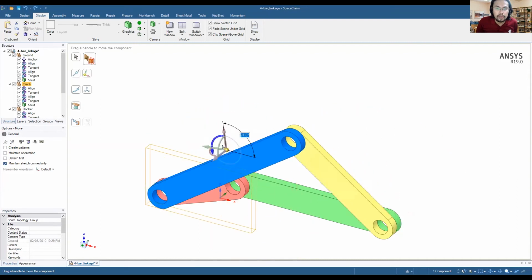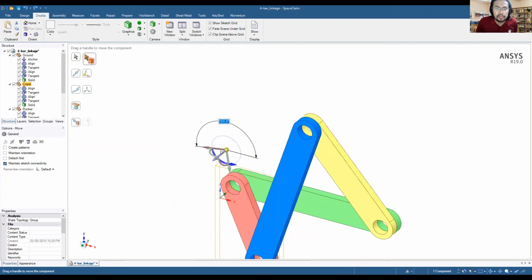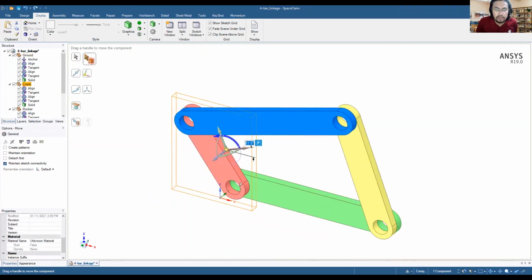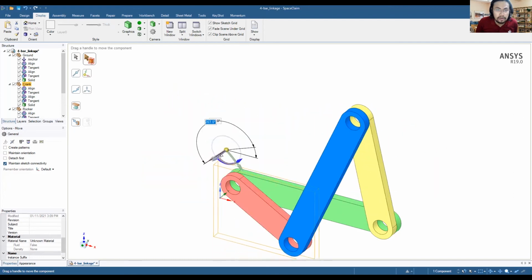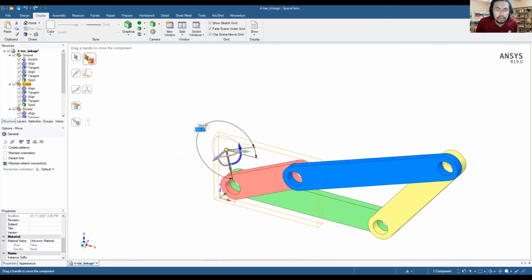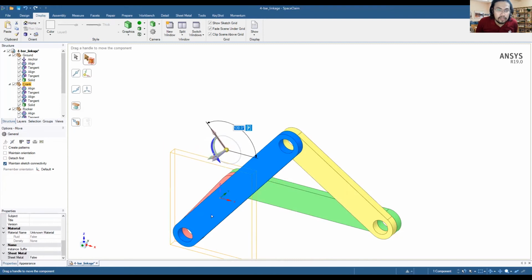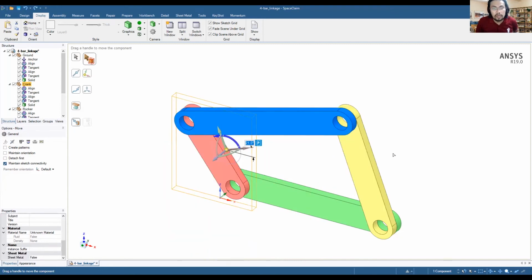The frame is fixed, and it's constrained to one motion, and likewise at this point. Now, the other parts, the crank, should be providing the motion, should be the source of power.